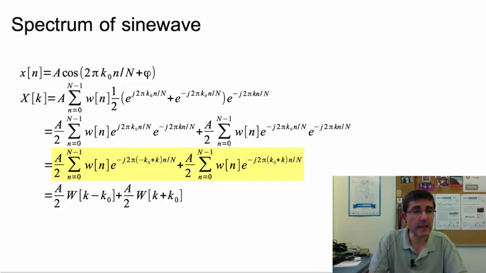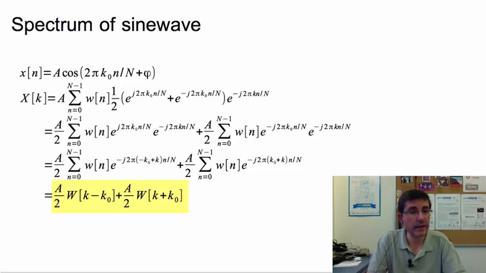Okay, so basically, at the end, we see that the first summatory is the DFT of the function W, so it's a big W, and the frequency index is shifted. So we have shifted the window, and it is scaled by half of the amplitude of the cosine. And the other element is the same window, but shifted by the positive frequency, and also scaled by the same amplitude.